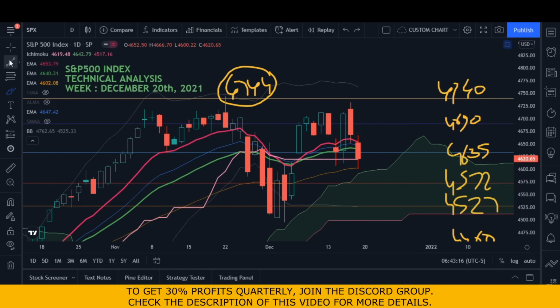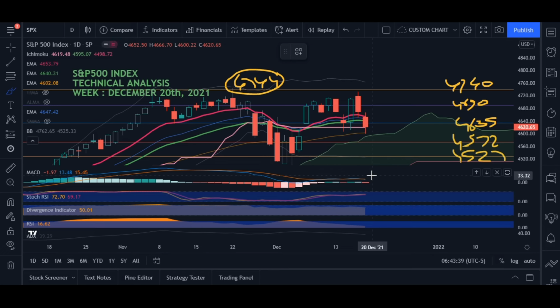It is not heavily bearish, but it is bearish because the MACD is 13 and the signal is 15.45. So it is bearish. Now stock RSI. Surprisingly, stock RSI is bullish because the K channel is 72 and the D channel is 69. So the K channel is above the D channel, and it is bullish.